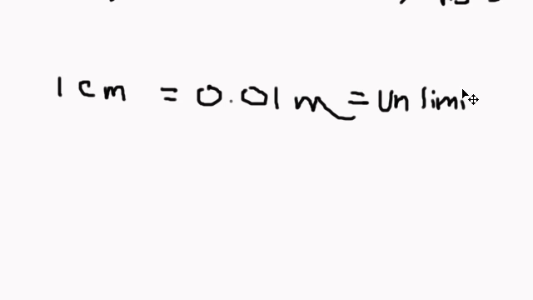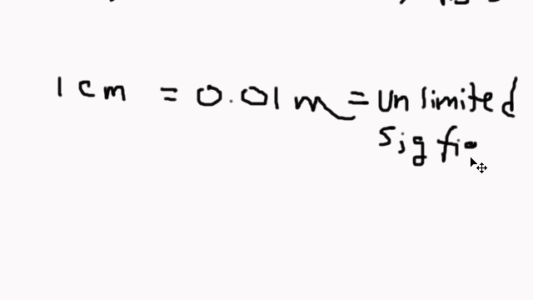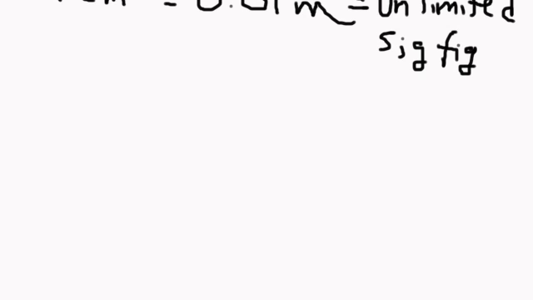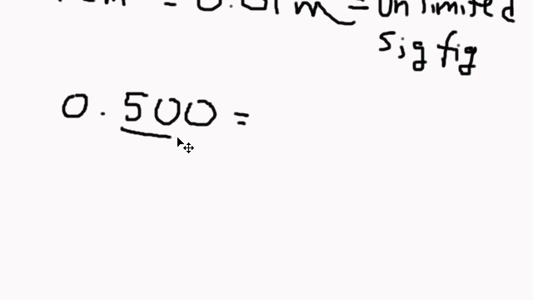This is unlimited because this is a defined value. Okay, next example, 0.500. This one has 3 significant figures. Remember that the zeros on the right are the trailing zeros, and you can count those. So this has 3 significant figures, but you do not count the 0 on the left.